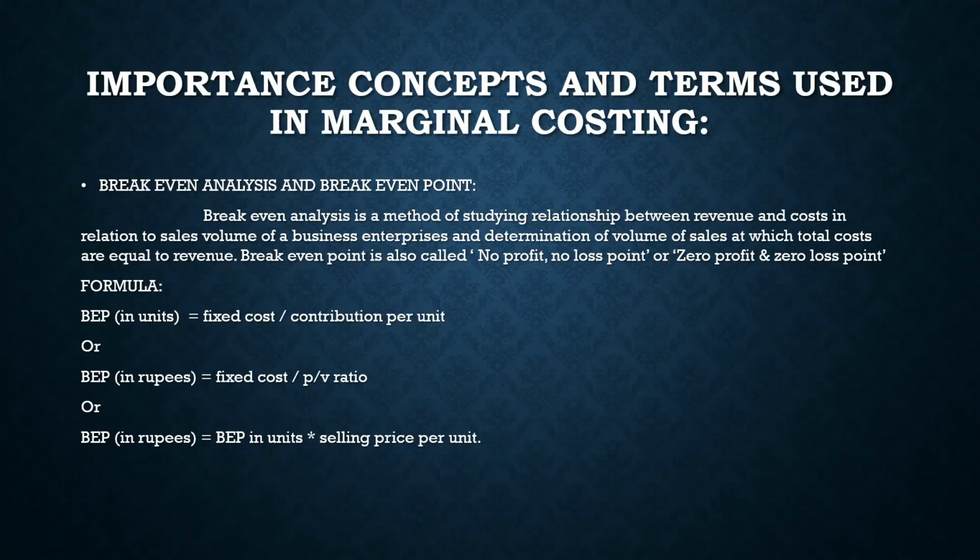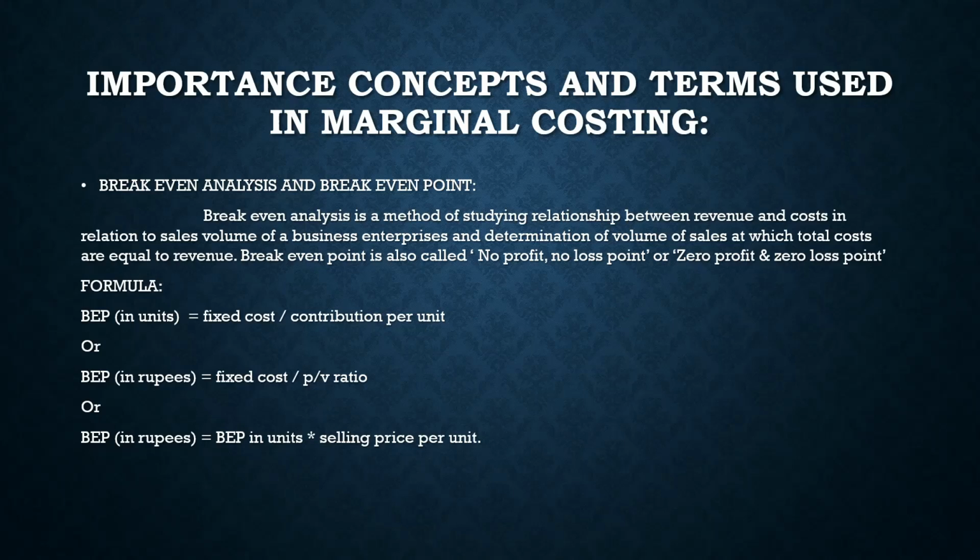Next one is break-even analysis and break-even point. Break-even analysis is a method of studying the relationship between revenue and cost in relation to the sales volume of a business enterprise. So break-even analysis studies the relationship between cost, volume and profit.